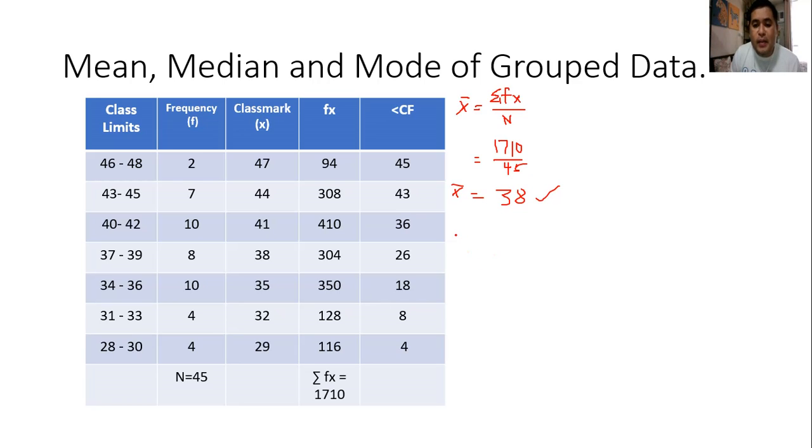What about the median? Remember, class, the median is given by the formula L plus n over 2 minus fc, divided by f, and then multiply this by the interval.